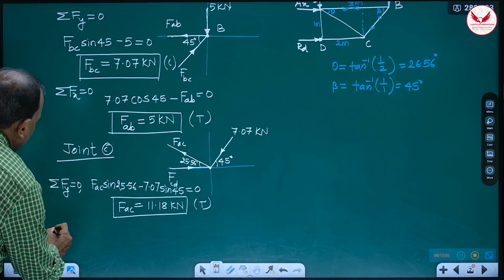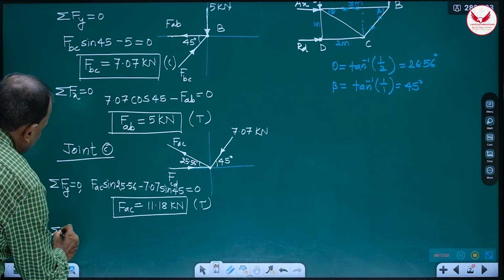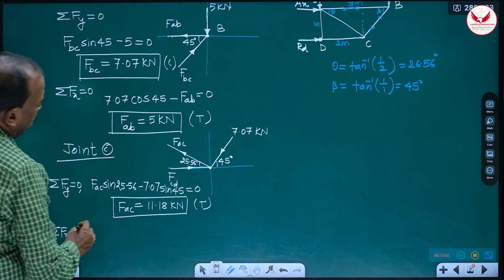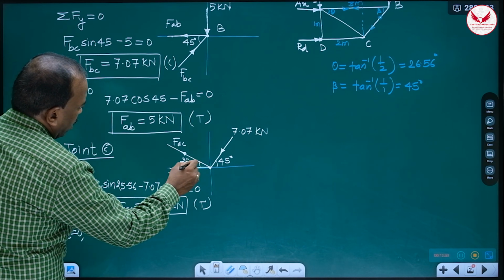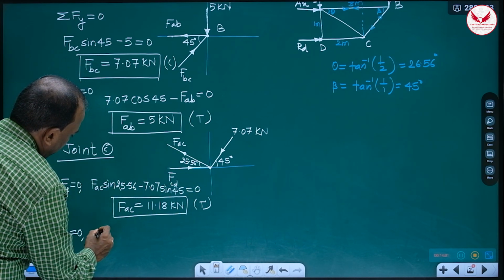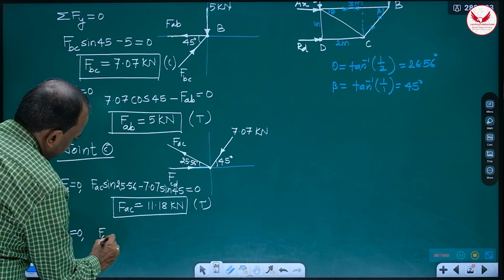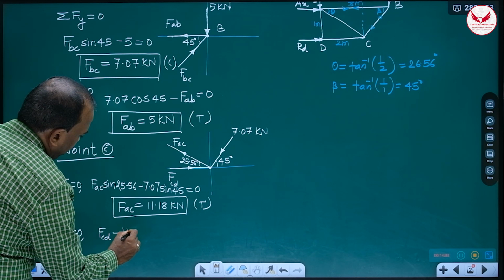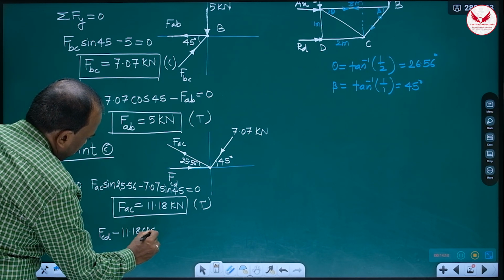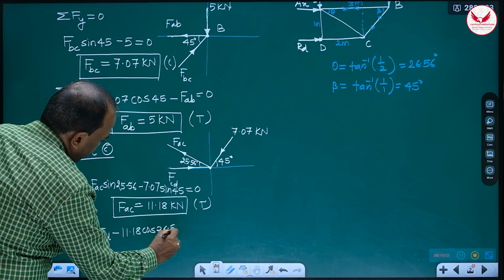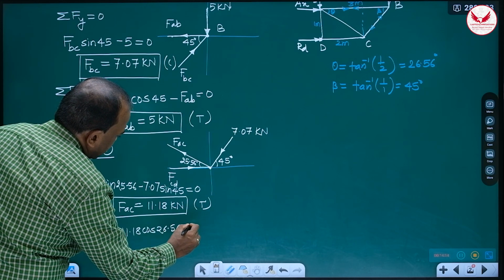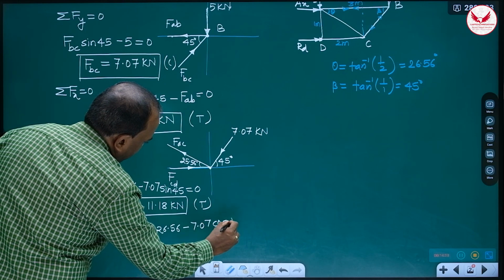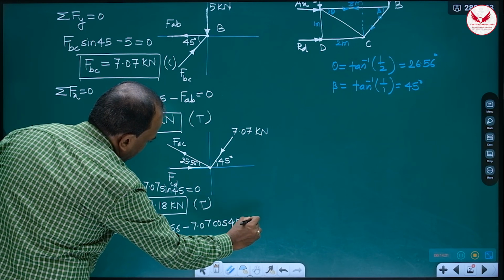Then summation Fx is equal to 0, another condition of equilibrium. FCD, which we have to calculate: FCD minus FAC, means 11.18 cos 26.56, minus 7.07 cos 45, is equal to 0.